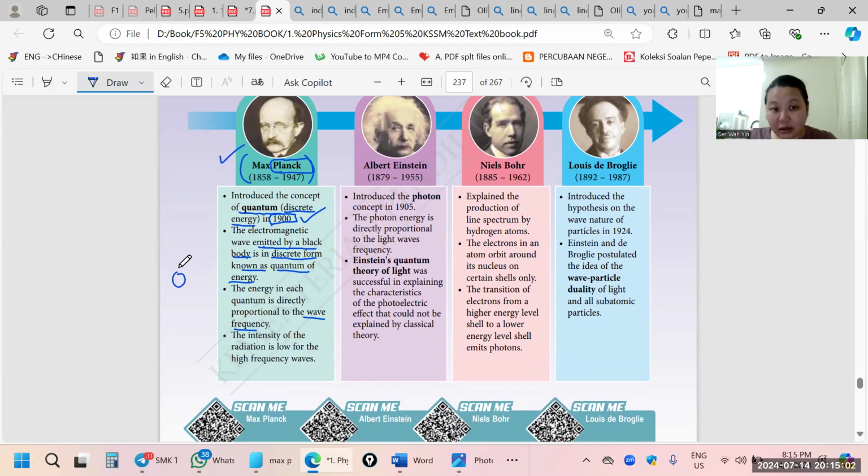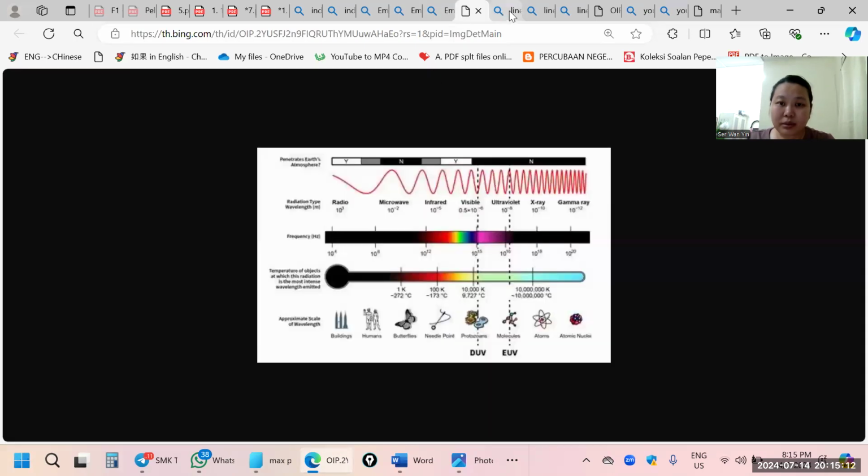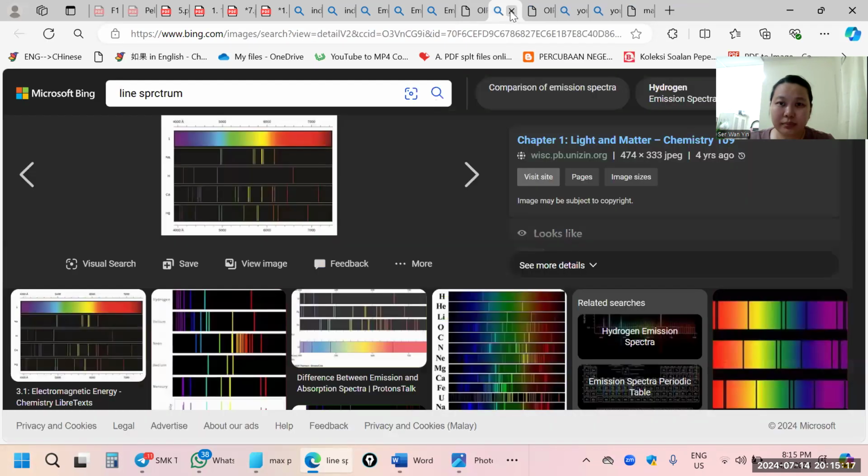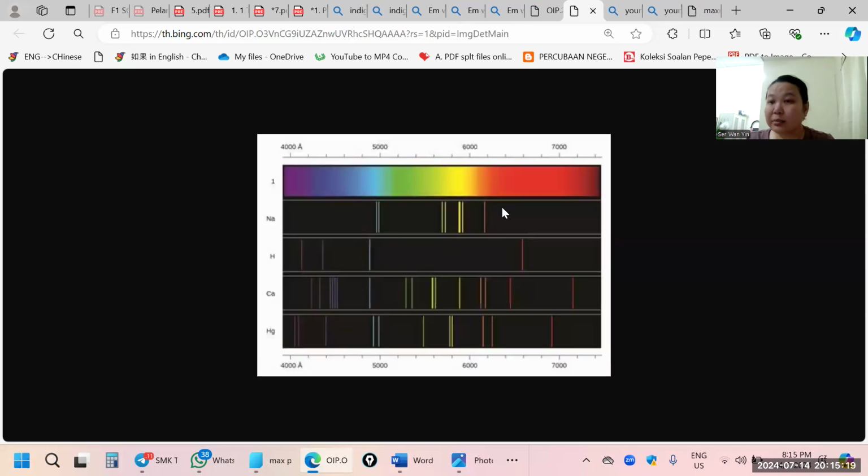He shines a light on the metal, then this metal will give up the EM spectrum, the light spectrum. For example, he shines the light energy on the hydrogen.